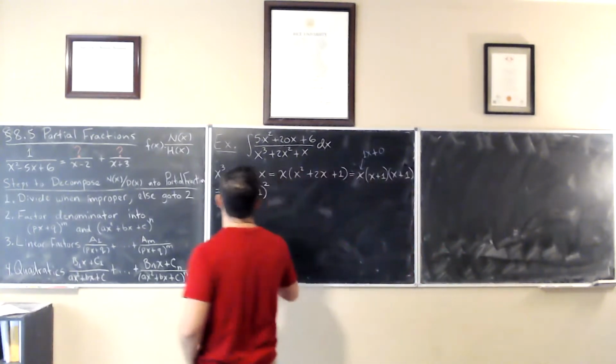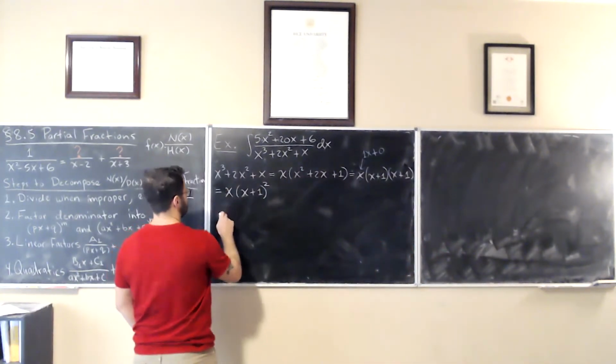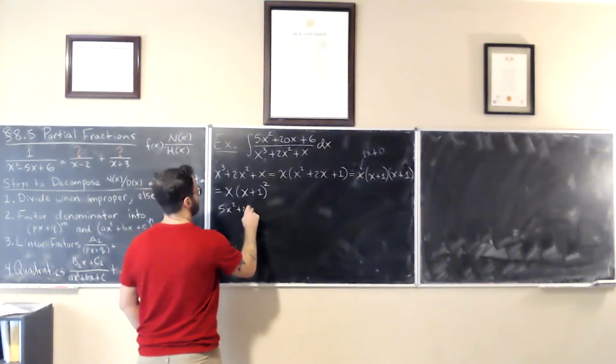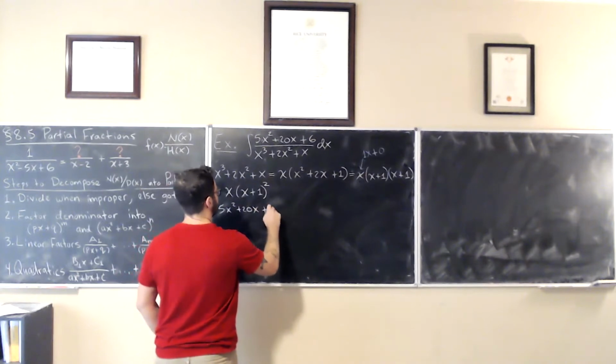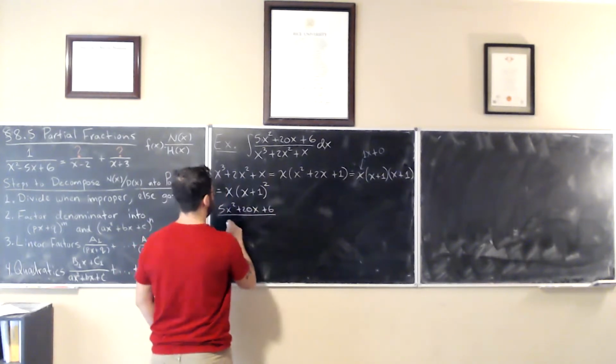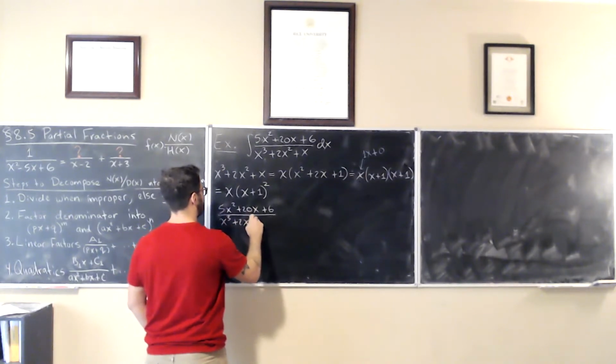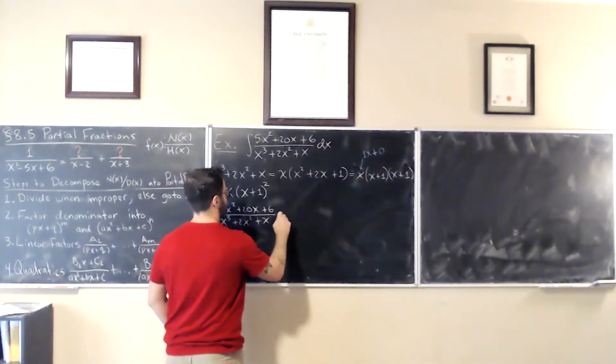So what do I mean by that? I mean that 5x squared plus 20x plus 6 over x cubed plus 2x squared plus x.